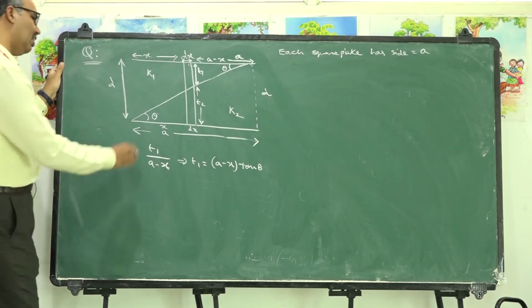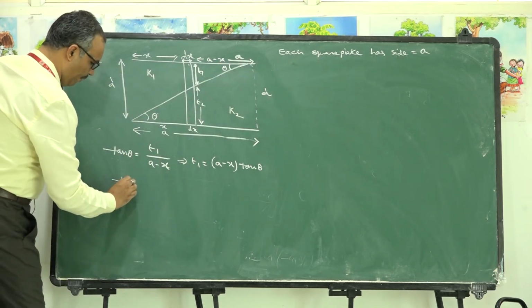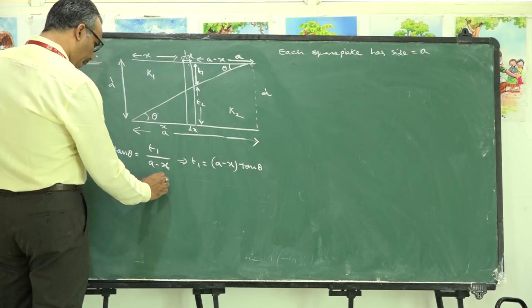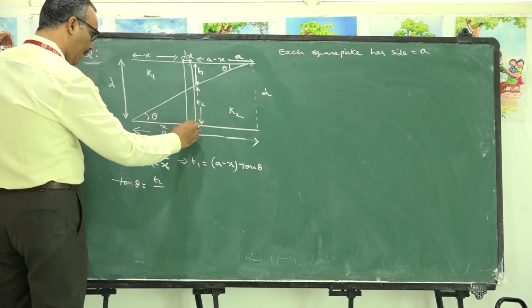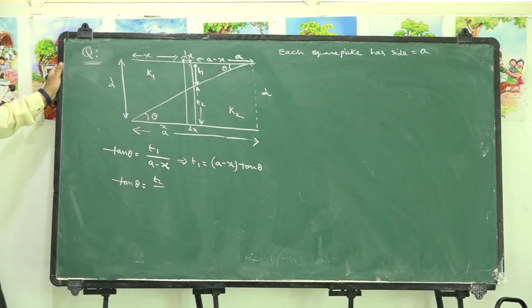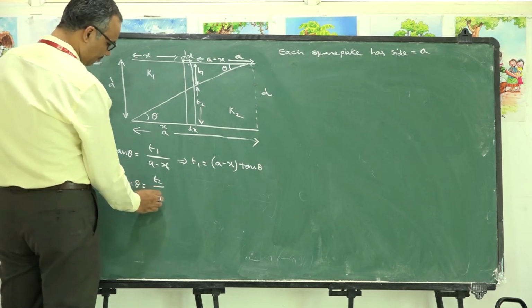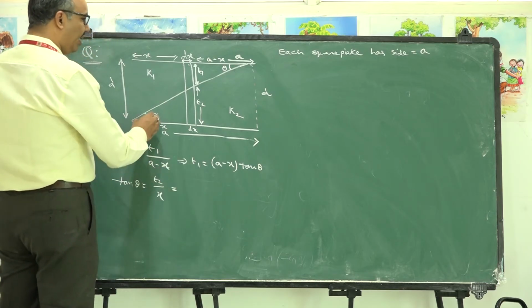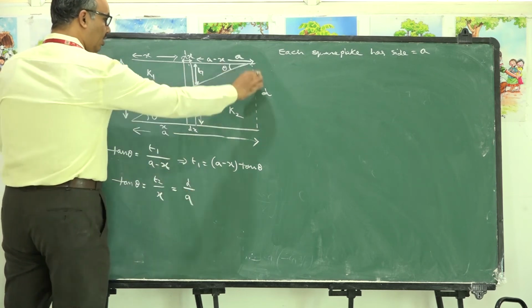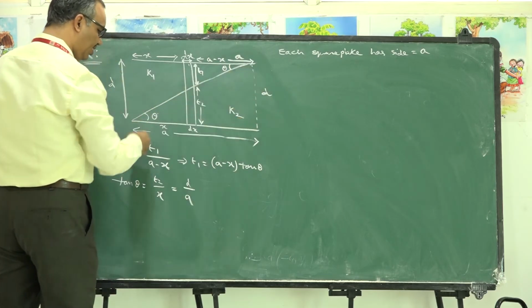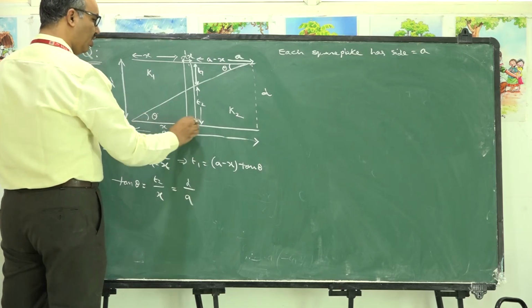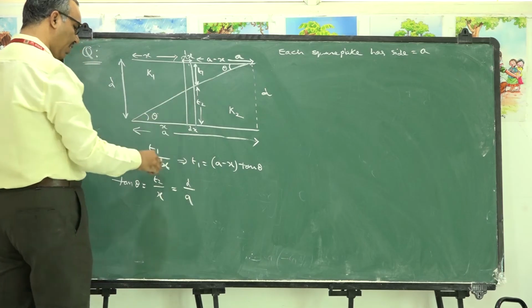The same tan theta can be calculated from this triangle. Tan theta is equal to T2 by the separation x. Otherwise, tan theta is equal to d by a. In the big triangle, opposite side by adjacent side, d by a. In the small triangle, dx is very small, so it is negligibly small. Therefore, that base I am taking as x, height I am taking as T2.